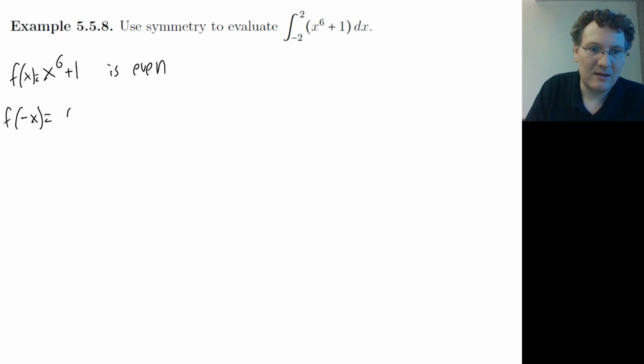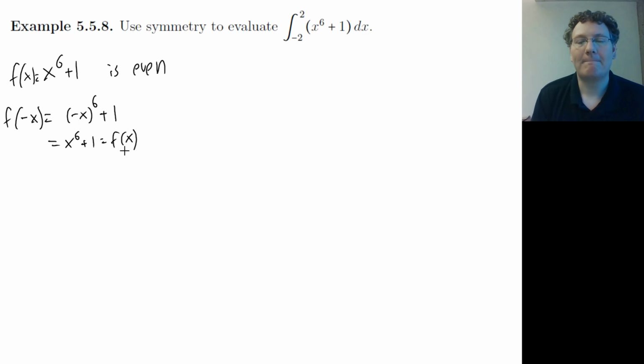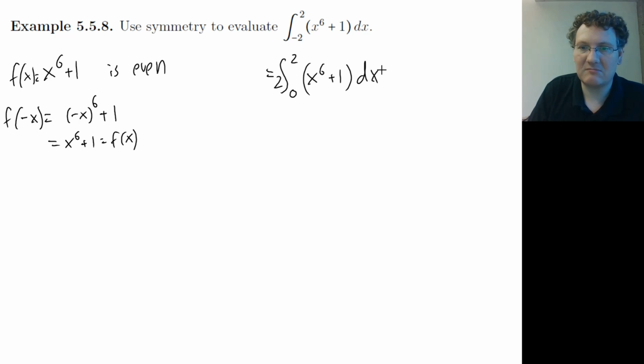You're going to get negative x to the 6th plus 1. Well, that's just x to the 6th plus 1. That's f of x. So any negative value you plug in, you're just going to get f of the positive value. So this is actually going to be 2 times the integral from 0 to 2 of x to the 6th plus 1 dx.